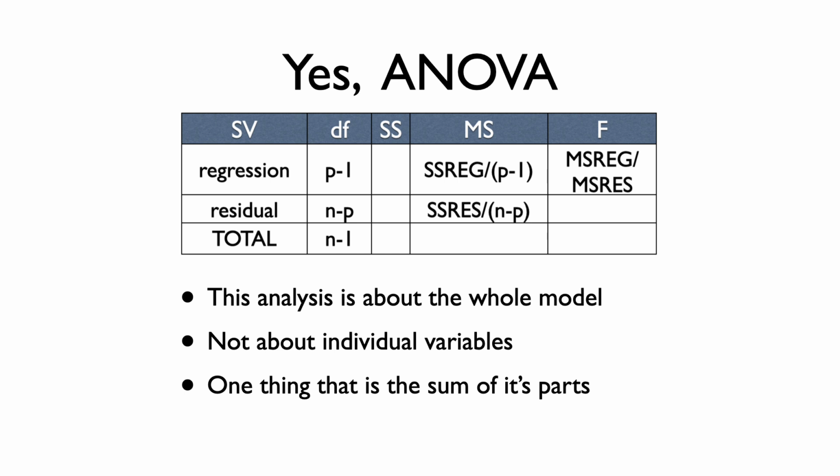It's the sum of its parts. That's literally what this says: B sub 0 plus B sub 1 X sub 1 plus E, that's the Y hat, the sum of its parts. But the regression significance is the whole model, not just individual terms, which is what we use in analysis of variance.